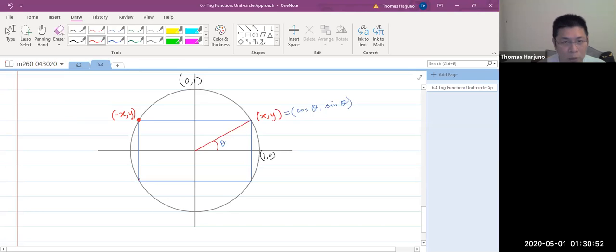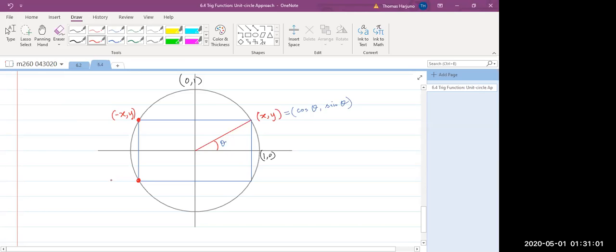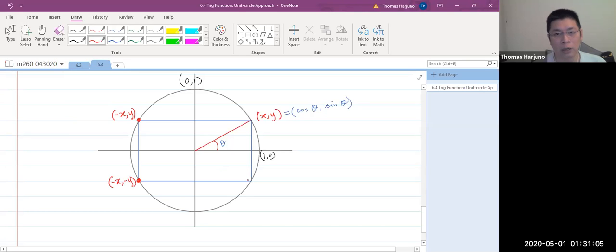Now, how about the coordinate here? In terms of x, y, negative x, negative y. And the coordinate here will be x comma negative y. Is it right?